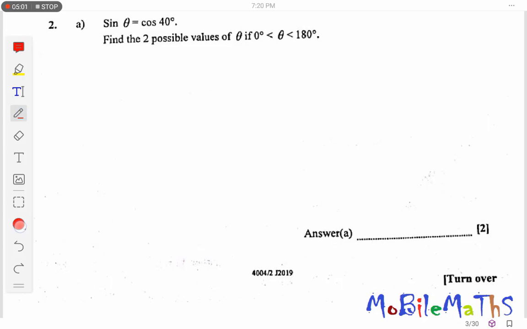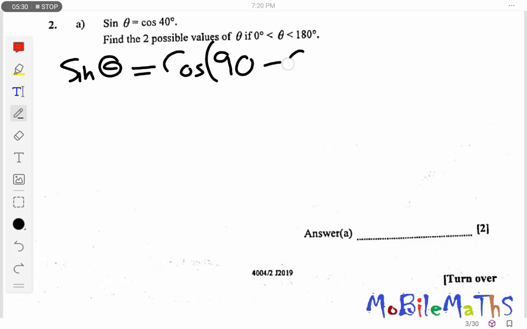Let's go to number 2. Number 2 is saying that we have sine theta equals 40 degrees. Find the two possible values of theta. The two possible values are going to be lying between 0 and 180 degrees. You find out that we can have a trig identity which says sine theta is equal to cos of 90 minus theta.